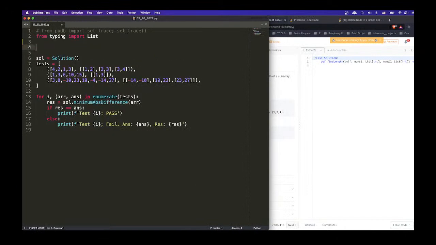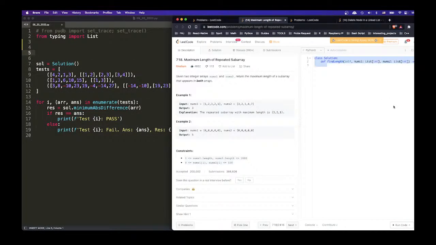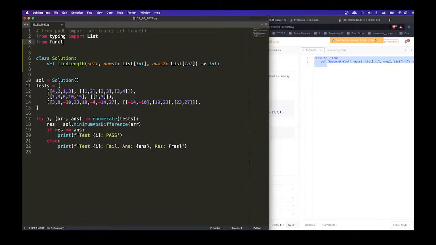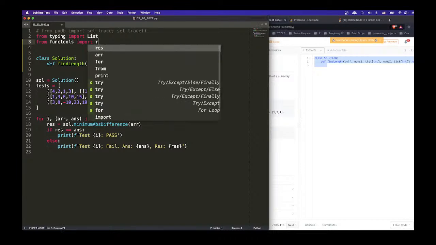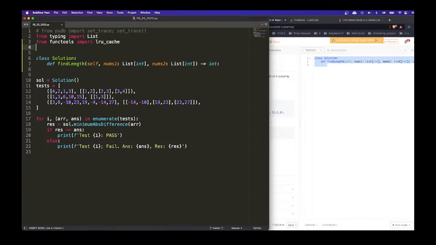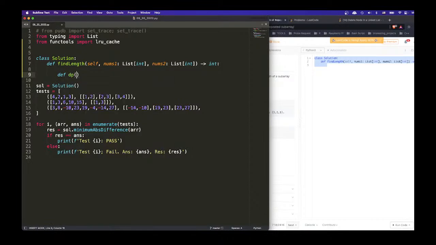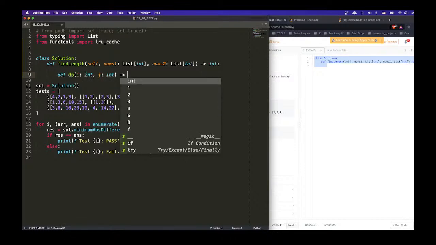I will go top down. Usually LCS is easier to do top down. So we have indices i and j. I return. Oh, how do you return the longest?